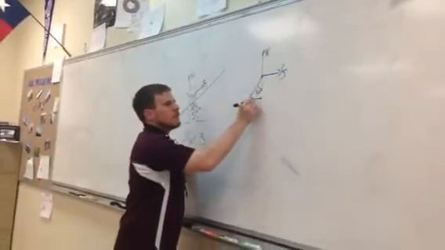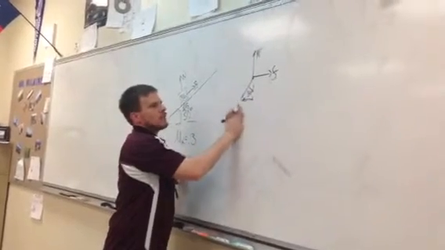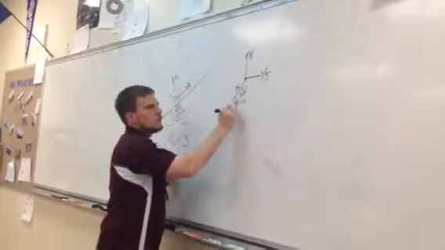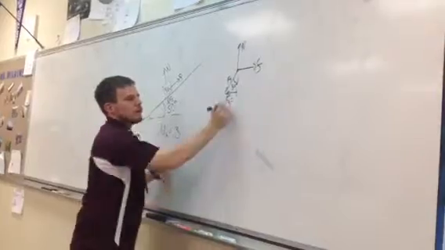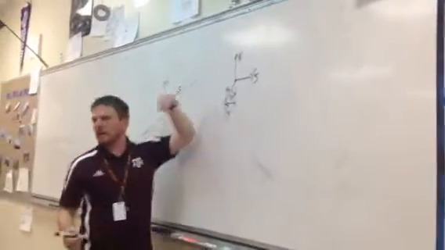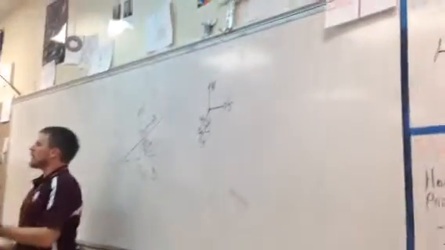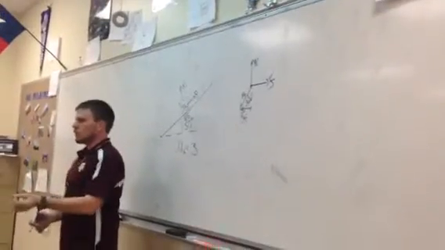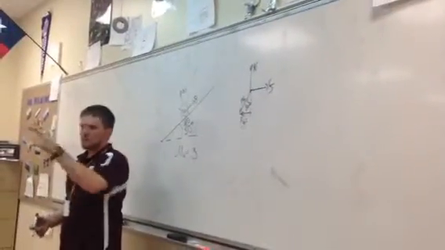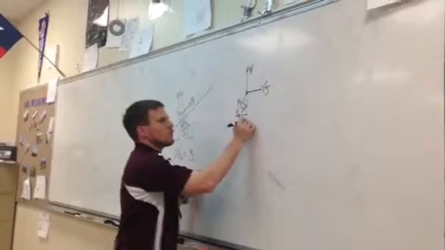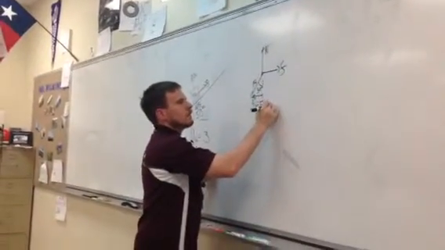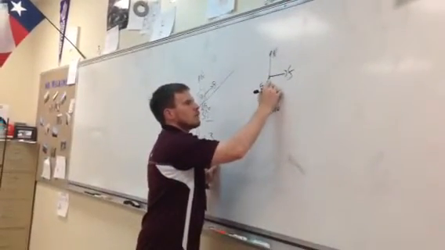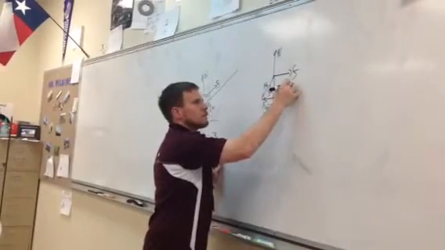When you got this, the force of gravity in the x would be the opposite. Right? Force of gravity in the x is the opposite side of that angle. If you have an opposite, what do you use to find it, sine or cosine? Sine. So the force of gravity in the x will be force of gravity sine theta, and the force of gravity in the y would be force of gravity cosine theta.